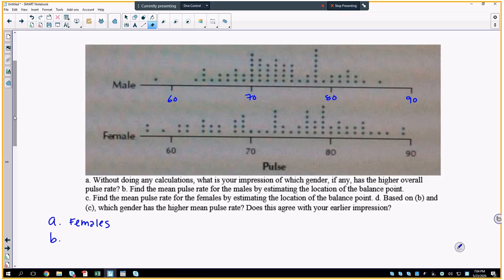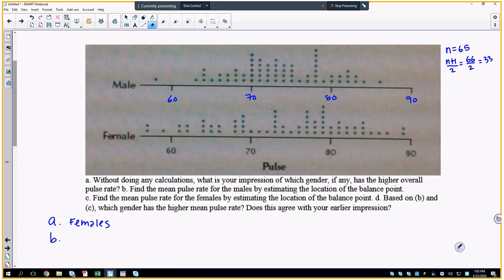So if we wanted to find the median, there are 65 data points. So n is 65, n plus 1 over 2. So the 33rd data point should be our median.